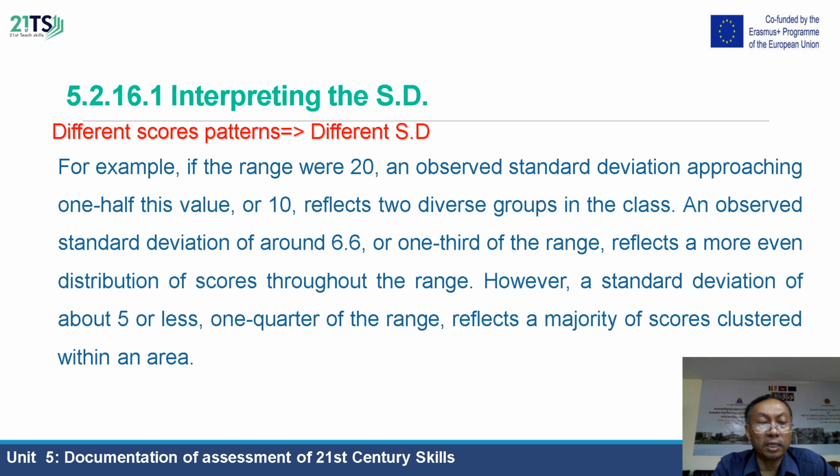An observed standard deviation of around 6.6, or 1/3 of the range, reflects a more even distribution of scores throughout the range. However, a standard deviation of about 5 or less, 1/4 of the range, reflects a majority of scores clustered within an area.